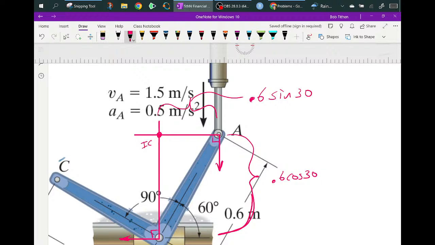I'm going to come up with those numbers using a calculator over here.